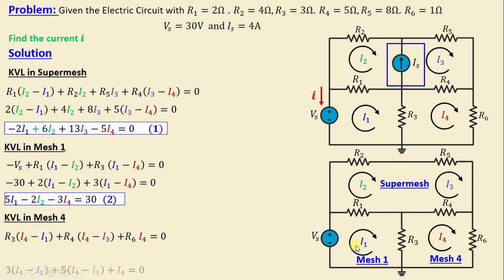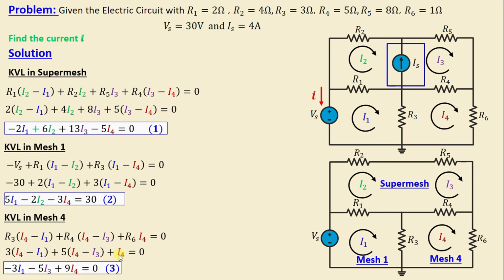By replacing the resistors with their numerical values, we obtain 3(I4 minus I1) plus 5(I4 minus I3) plus I4 is equal to 0. If we continue simplifying this equation, we obtain finally negative 3I1 minus 5I3 plus 9I4 is equal to 0, and I will call this equation number 3.